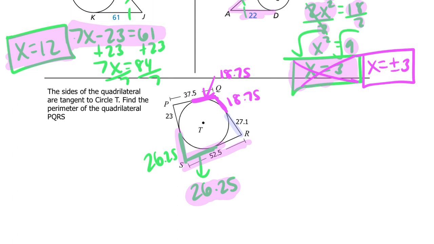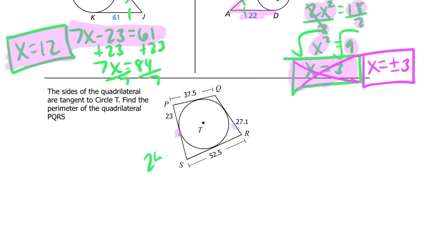Okay, sorry about that. I actually just realized that I made a mistake, so I need to fix this. So I'm going to go back and fix this again. So this whole segment right here is 52.5. This part of it is 27.1.